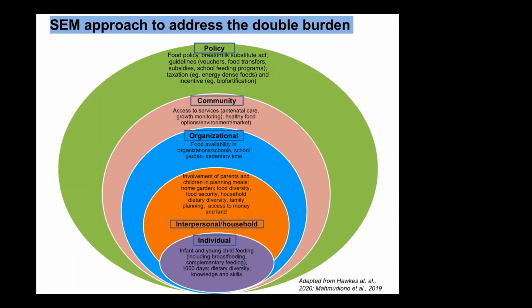So if you look at, for example, the individual level, we need to promote infant and young child feeding. For example, breastfeeding, early initiation of breastfeeding, and exclusive breastfeeding up to 6 months of age. And I already talked about the 1,000 days, and we need to promote dietary diversity. I mean access to different food groups, not only a few food groups.